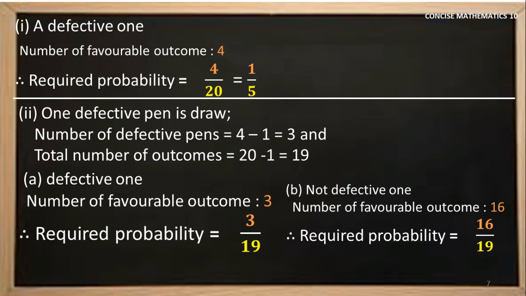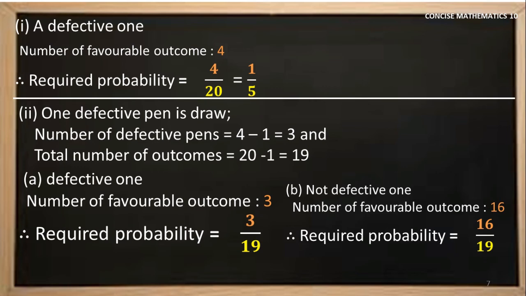And the second sub question is somewhat similar to question number 21. Suppose the pen drawn in 1, that is the first sub question, is defective and is not replaced. See children, method is same, situation differs.